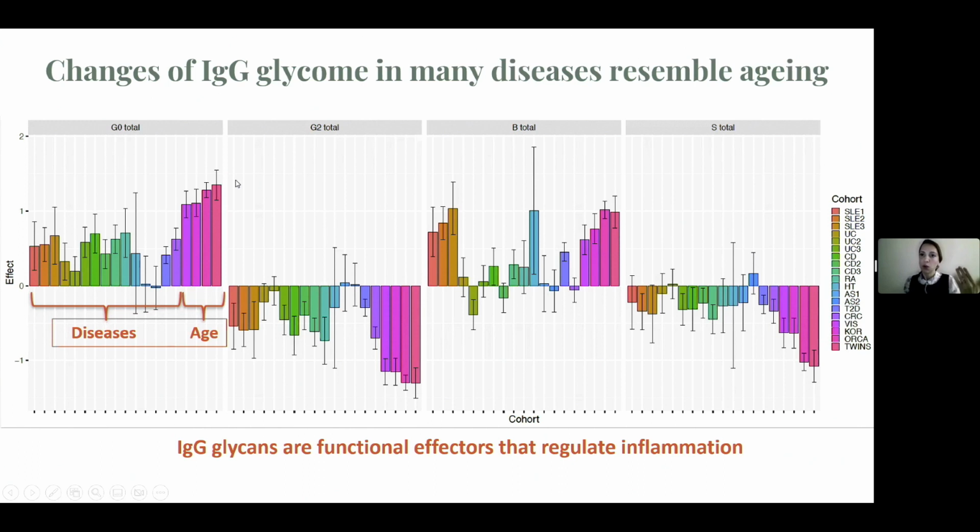So individuals that have a higher chronological age will have a more similar profile of glycans to the individuals that are younger but have chronic conditions.